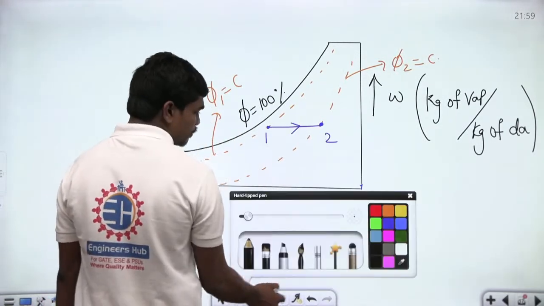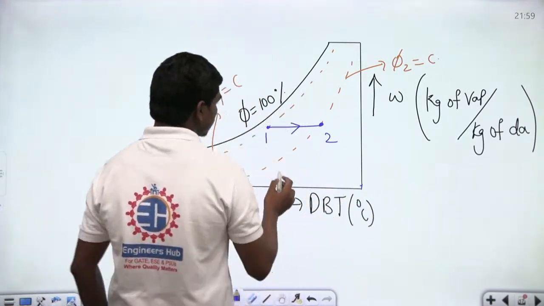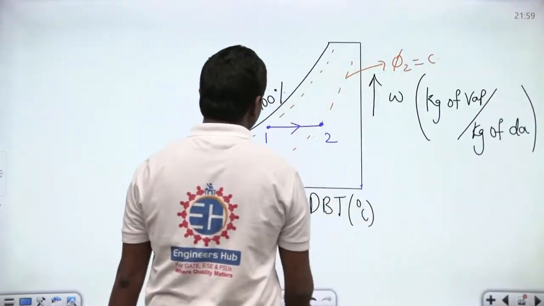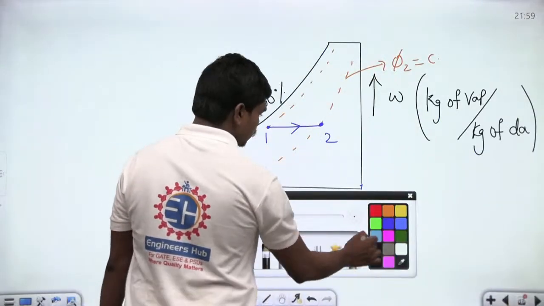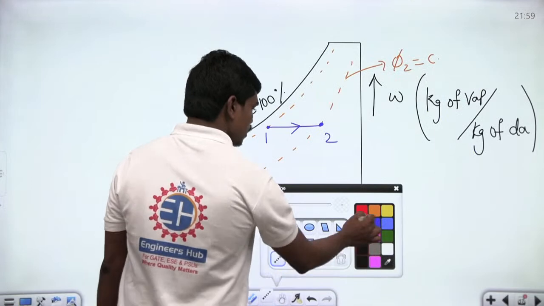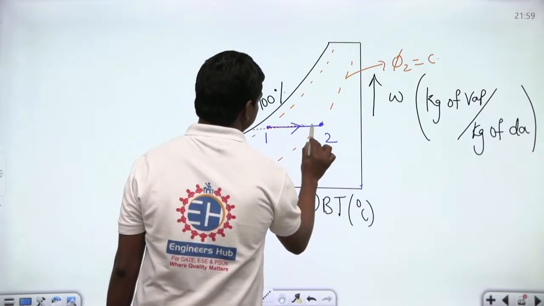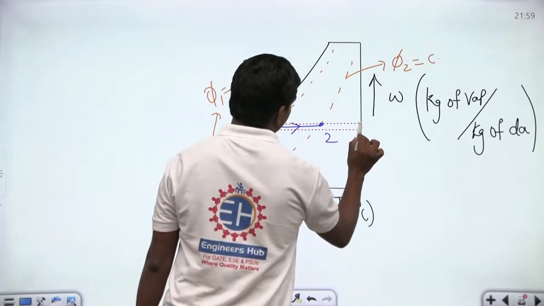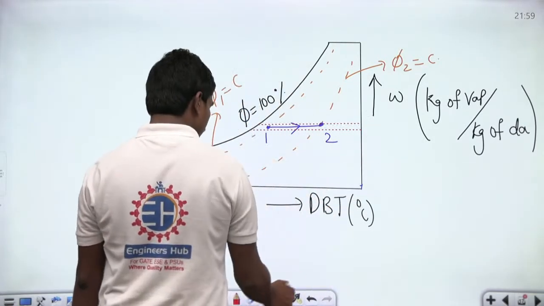And you know the dry bulb temperature, the wet bulb temperature, and the dew point temperatures. So the dew point temperature lines will also look similar. Let us try to draw. The dew point temperature lines also look something like this, correct? So these are your dew point temperature lines.